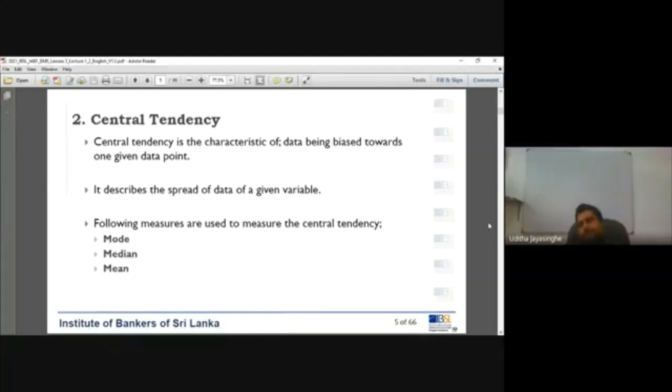So the word central tendency is coming into the picture in light of such circumstances. We are in need of finding some representatives for this data set.